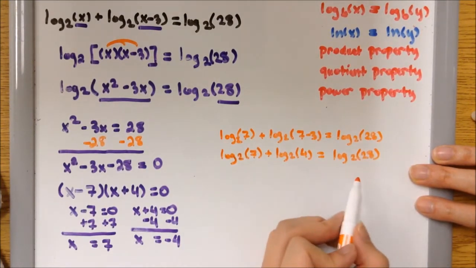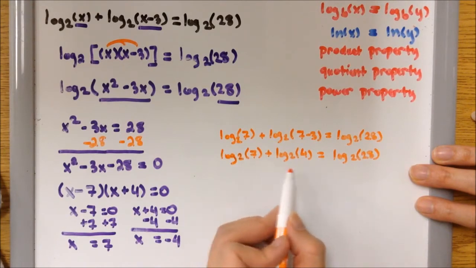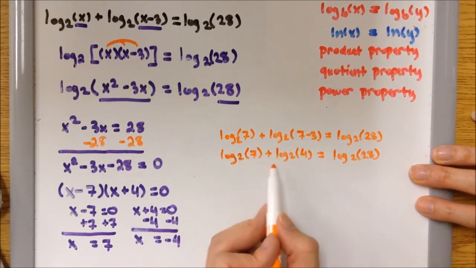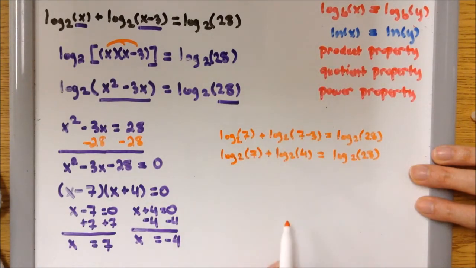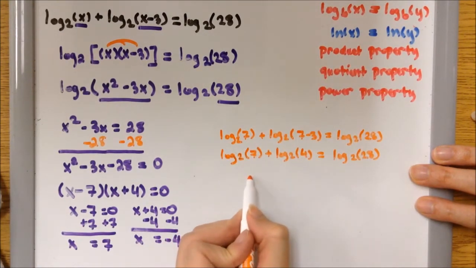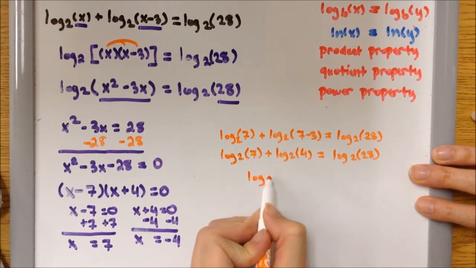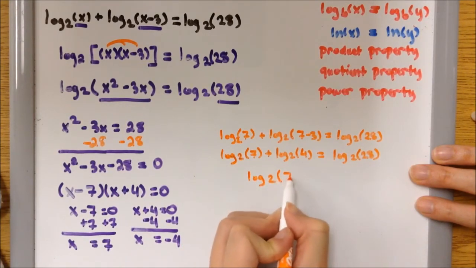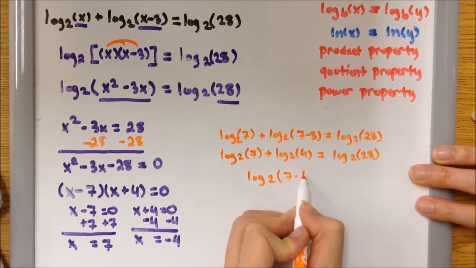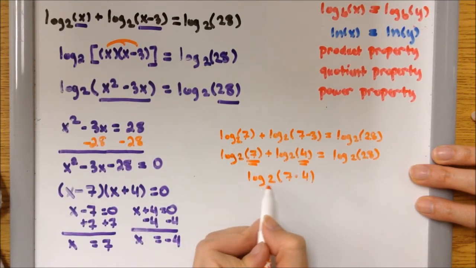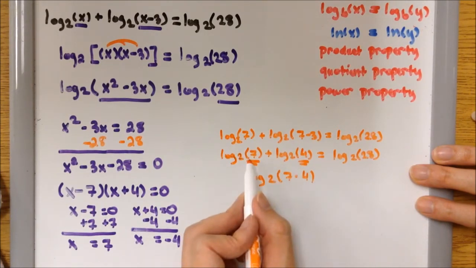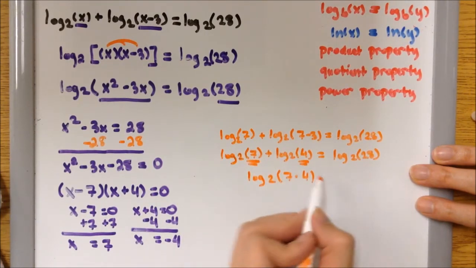And then to check if the left side is equal to the right side, I have multiple logs and it has a plus, so again I'm applying the product property. So it's going to be log base 2 of 7 times 4. I combine them, condensing into a single log base 2 and multiplying what's inside the parentheses, so 7 times 4.